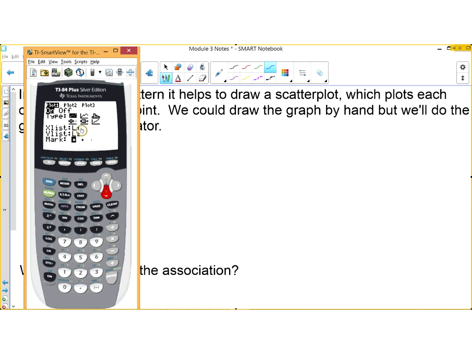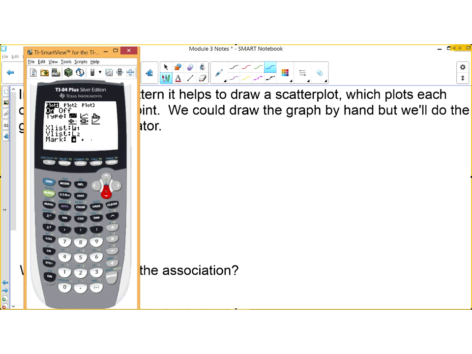Okay. Mine are all off, and so the first thing I need to do is turn it on. I just hit enter while it's flashing on. Type is already set up for a scatter plot. It's the first one. If you did a box plot or a histogram and you need to change it, you just hit enter on the very first type. And then XList is where you put your explanatory variable.